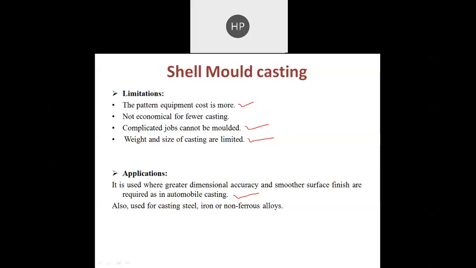So it is applicable to many different kinds of material, but the limitation is that it is only useful for small, intricate shapes, and it is only economical when we have a large number of castings.